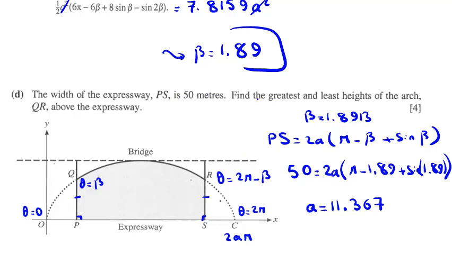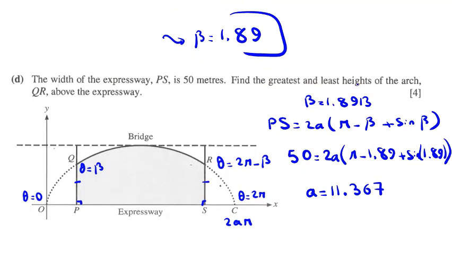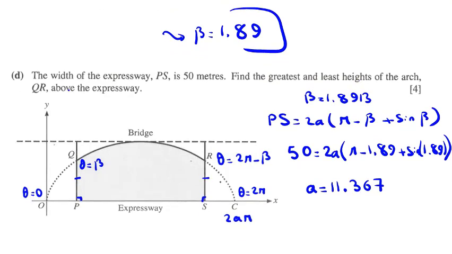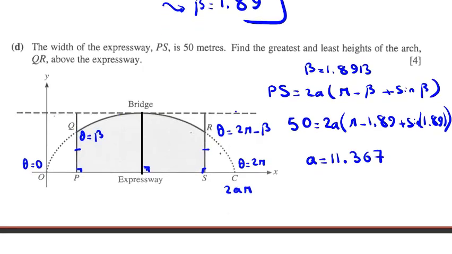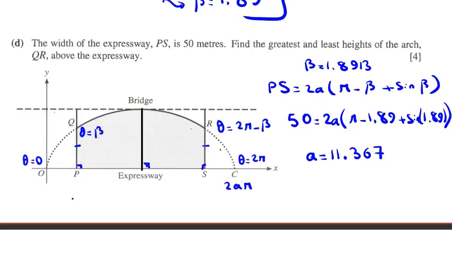The problem says find the greatest and least heights of the arc. For the least height of this arc, we consider QP, so we should consider y of beta.